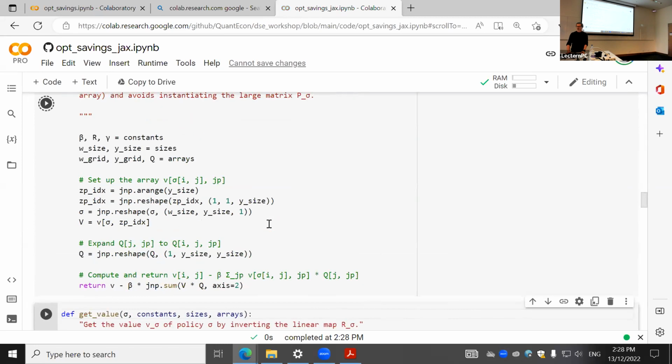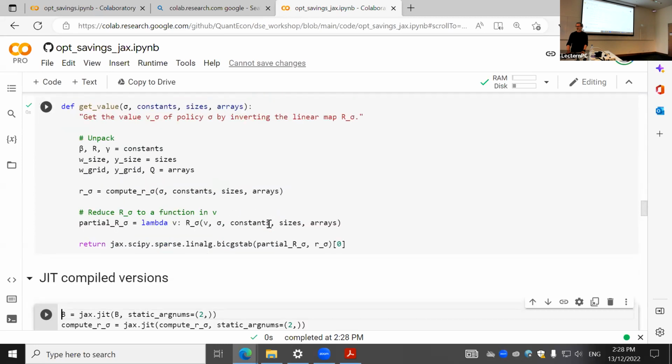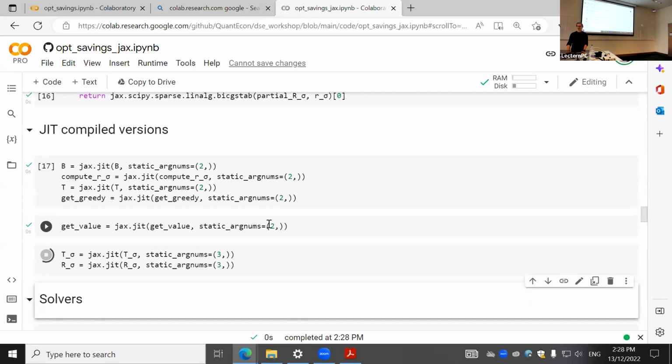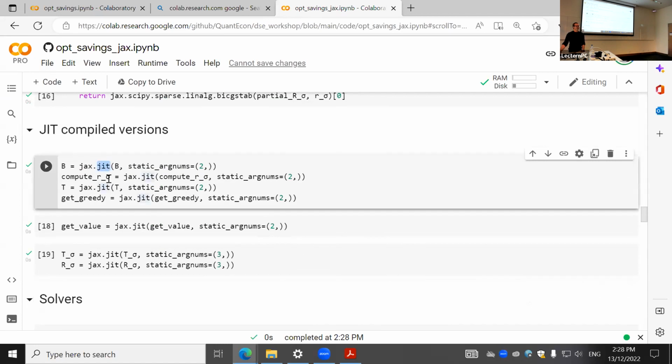So these functions look similar to what we had before, but I just wrote them without loops to make everything vectorized. And at this point, you can see I'm calling jax.jit. What I'm saying is that I want these functions to be just-in-time compiled by JAX.